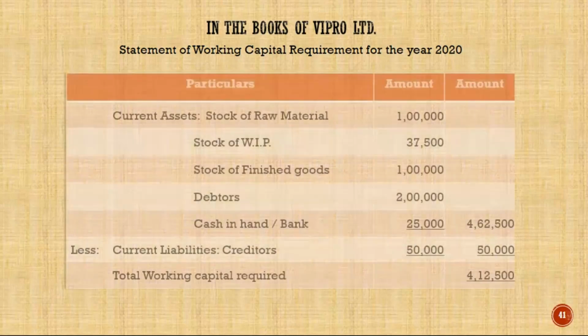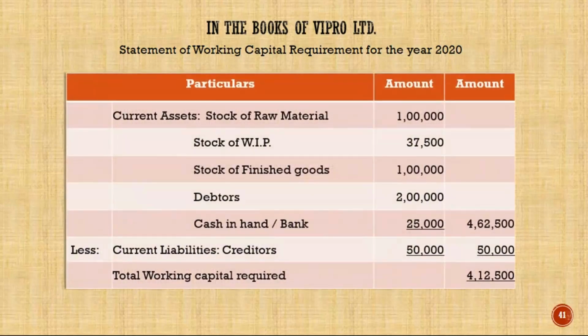It is very clear that this requirement of working capital is limited to the year 2020 and is prepared for the Wipro company. Now this is the statement. You can see the format; the same format we have applied here. Current assets minus current liabilities is equal to total working capital required.